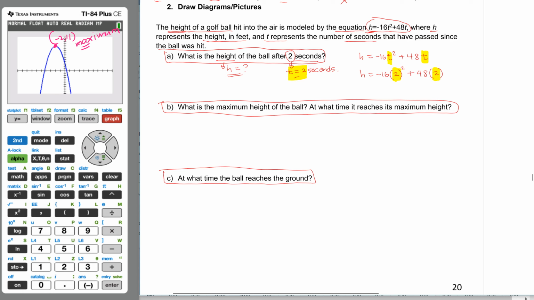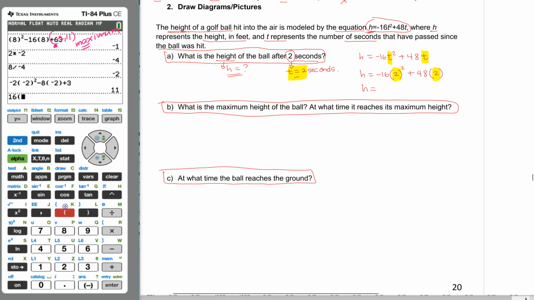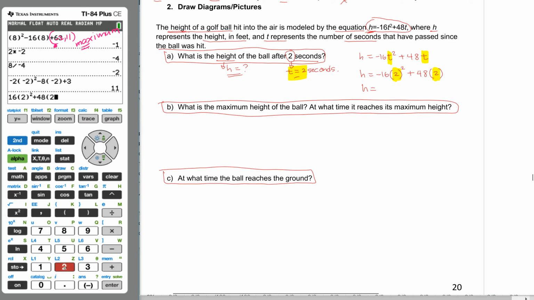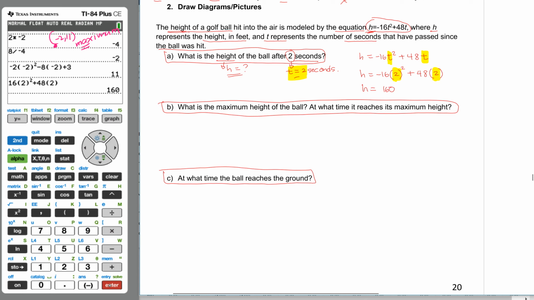You can just do it in the calculator: 16 times 2 squared plus 48 times 2, then press enter. This is 160. The height is represented in terms of feet, so I would say this is 160 feet. So this is the height of the ball.